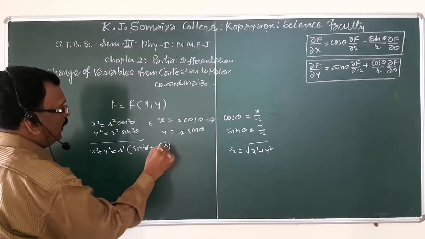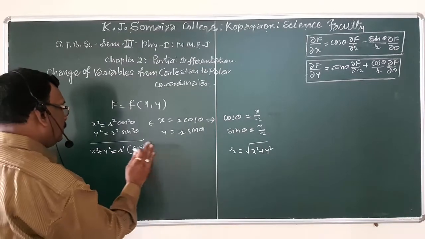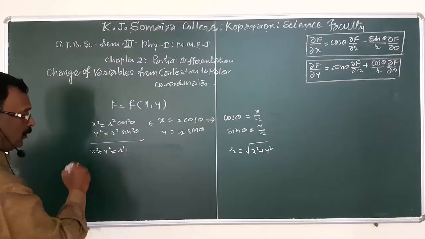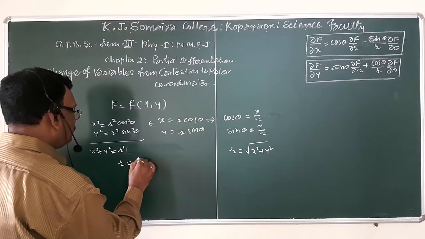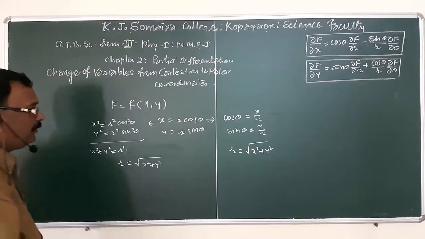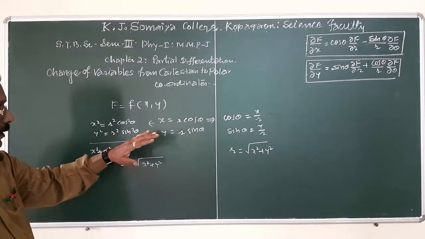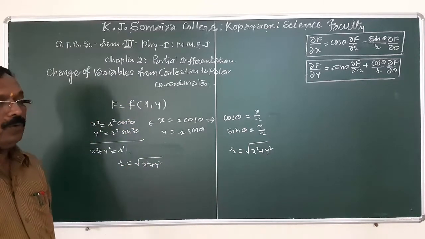From the trigonometric relation, sin square theta plus cos square theta is equal to 1. Therefore we simply have r square is equal to x square plus y square, or r is equal to under root x square plus y square. All these values help us study the change of variables from Cartesian to polar coordinates.